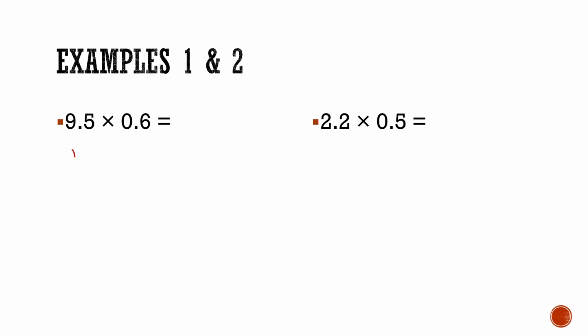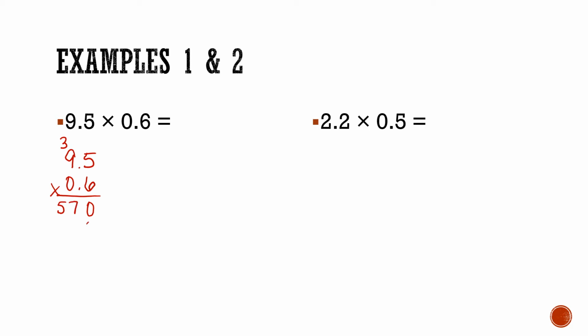So 9.5 multiplied by 0.6. 5 times 6 is 30, so 0, we're carrying our 3. 6 times 9 is 54. Plus 3 is 57.